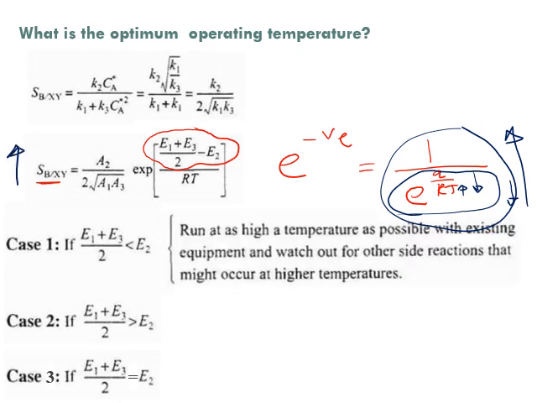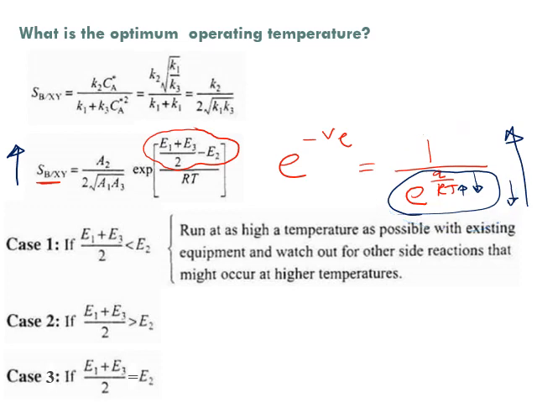So if it's case 1, then of course we want to run at as high a temperature as possible, with existing equipment, of course. So be careful of that. You don't want to run at too high a temperature, because it will be risky: the material of construction will not handle it.